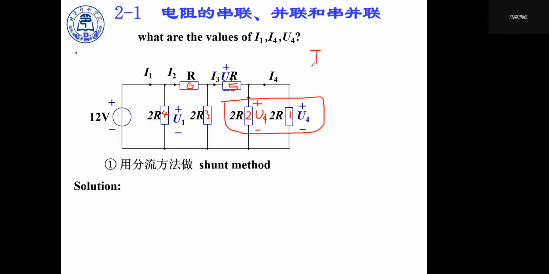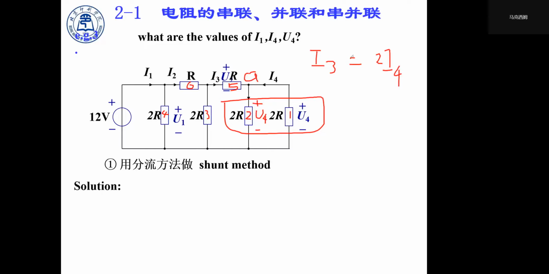So I3 must be 2 times I4, but we notice the difference in direction. I4 we call is going into point A. You can call this point A, and I3 is going to point A also.